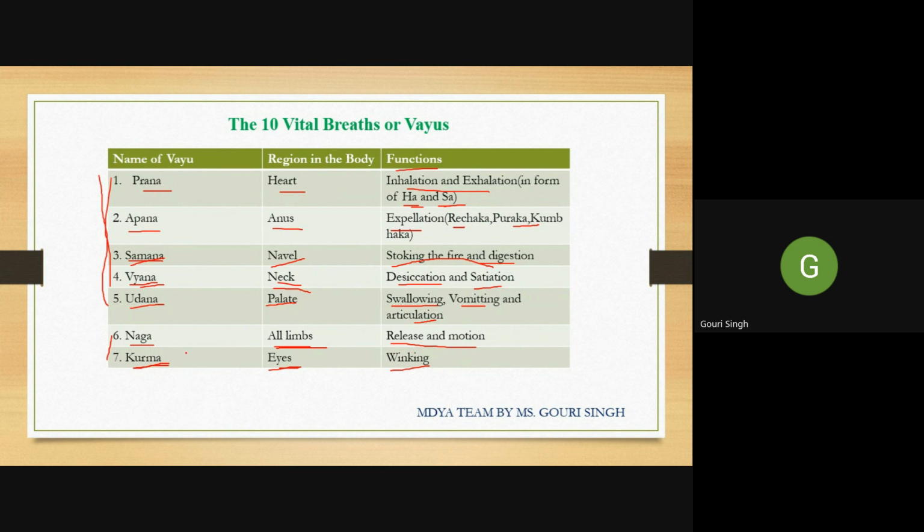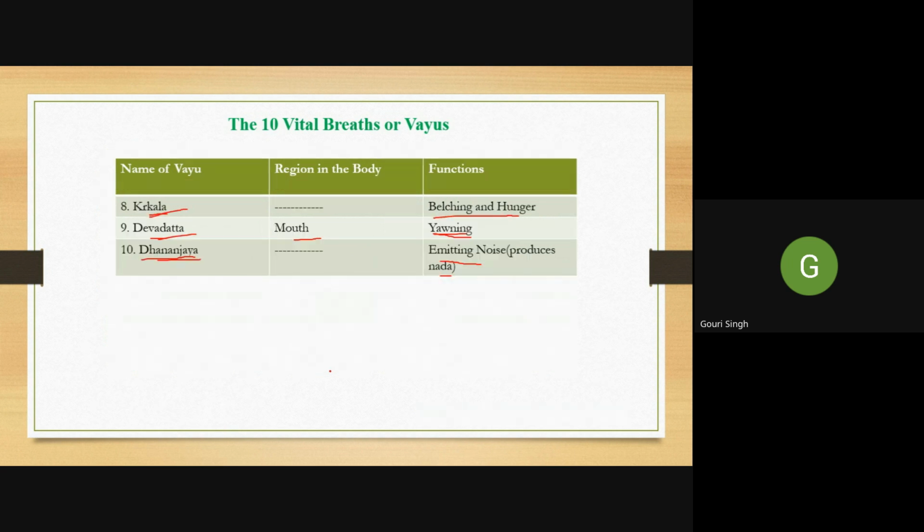Kurma is present in our eyes; because of this Vayu we are able to wink and move our eyes. For Krikala and Dhananjaya, you have to remember that no location is defined, but the function is defined: belching and hunger are possible because of Krikala. And the yearning we experience is because of the Devadatta Vayu, because it is present in our mouth.